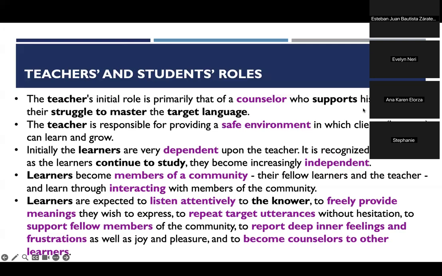That's why the knower asks students to repeat the idea. And of course, the final part of a lesson includes the report of deep inner feelings: how well they are doing, what their doubts are, and what frustrations learners are experiencing at the moment of repeating and pronouncing something.